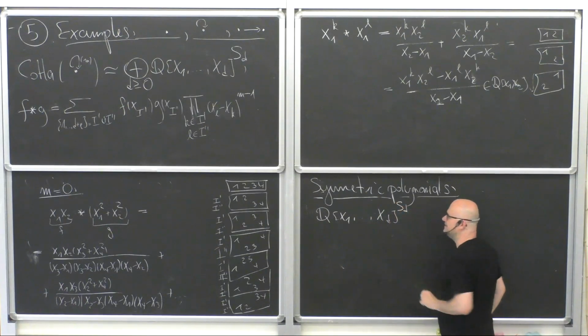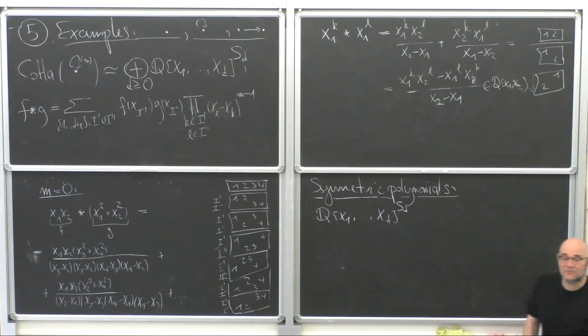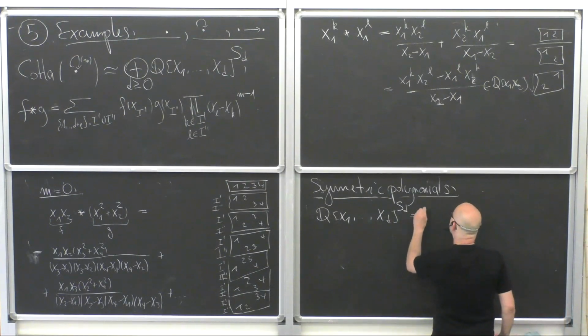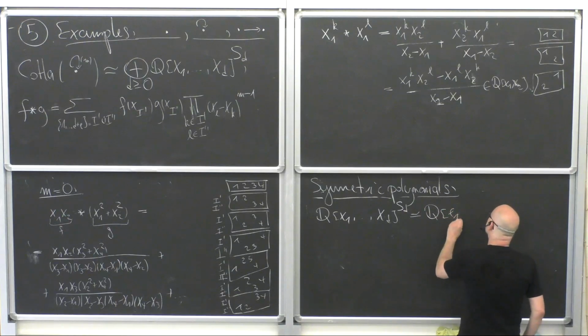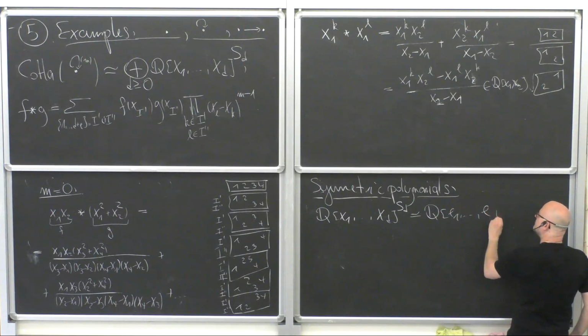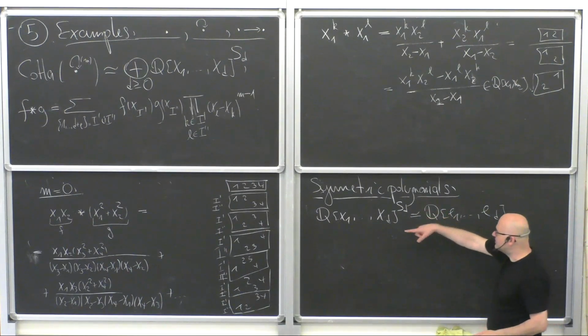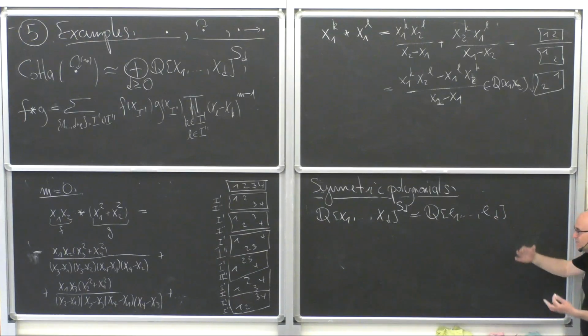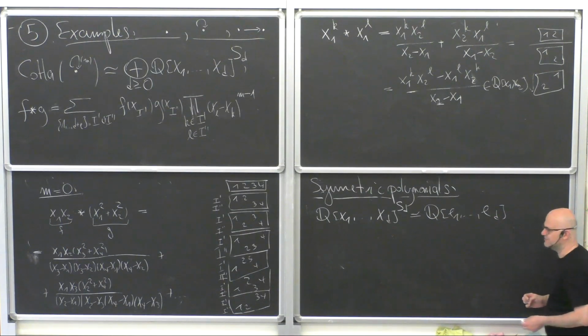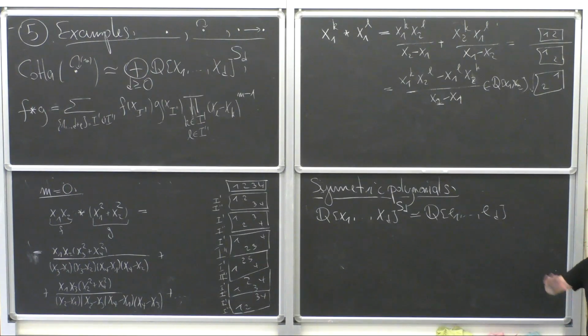So first of all, this ring of symmetric polynomials is a polynomial ring itself. Namely, it's a polynomial ring in so-called elementary symmetric polynomials, which we don't need, but it's a fun fact.